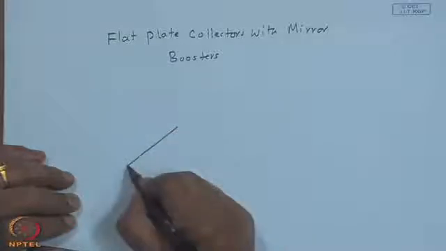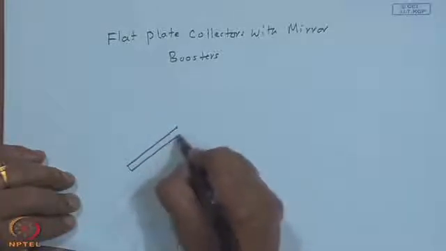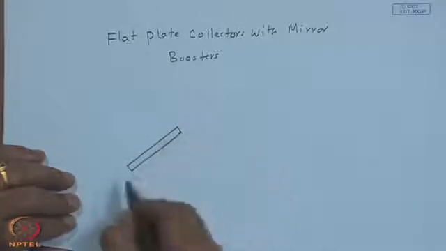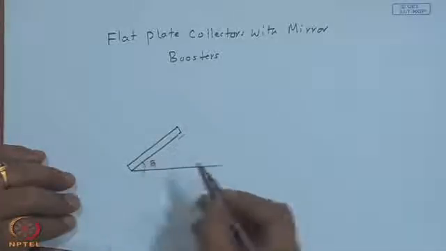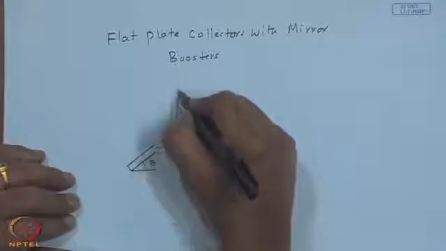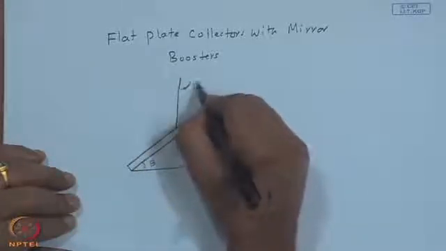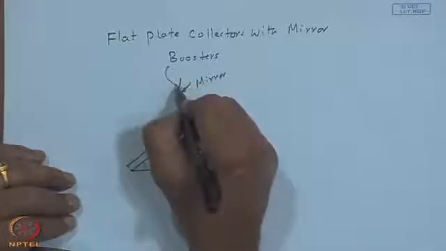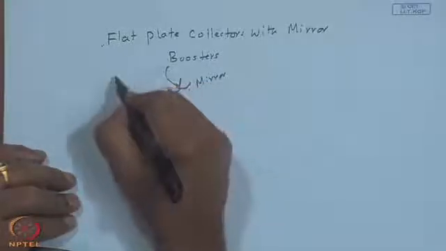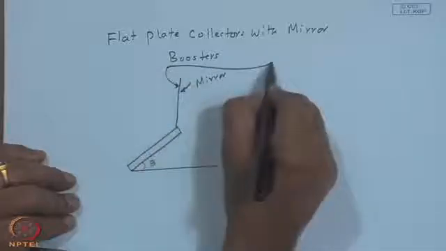Suppose this is your flat plate collector at some slope beta, and here I attach a mirror, this being the reflecting surface. I will take it over here.